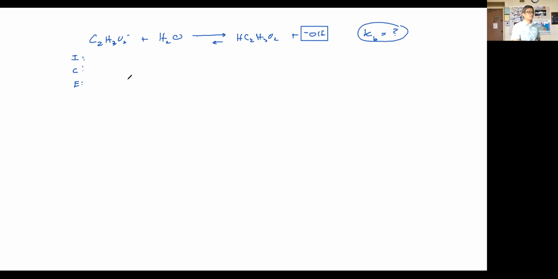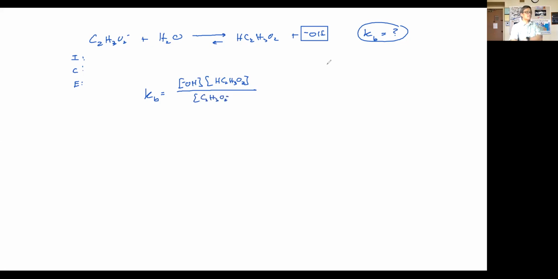So the law of mass action for this process is Kb equal to the concentration of hydroxide ions times the concentration of the undissociated acid that formed, HC2H3O2, all over the concentration of the acetate, C2H3O2 minus.